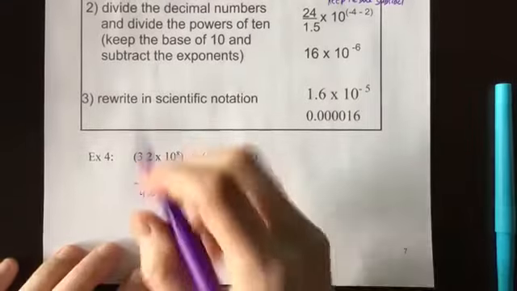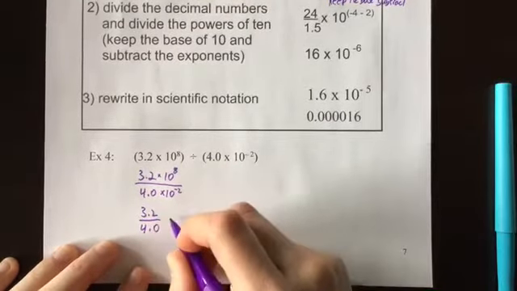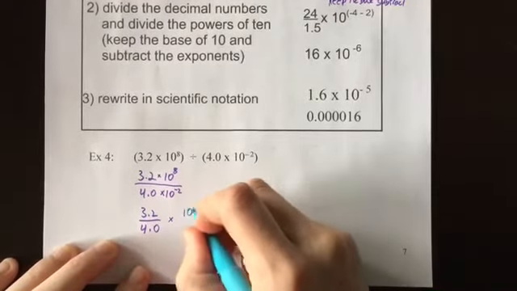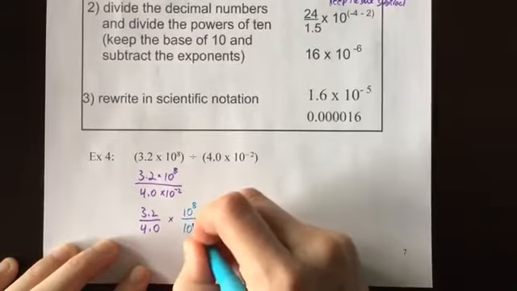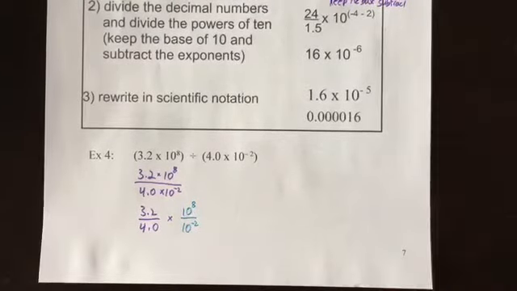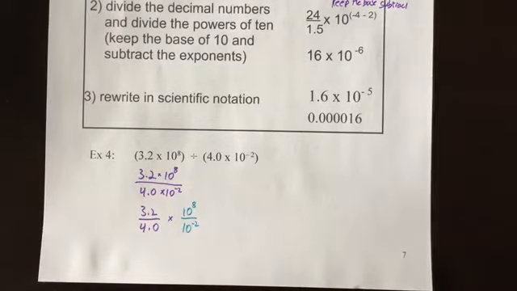At this point, I can separate out our significand versus our powers of 10, right? So that's 10 to the 8th over 10 to the negative 2nd. I think it's helpful to see it as a fraction because it helps students to see what's getting divided by what. So I'll grab my calculator, 3.2 divided by 4.